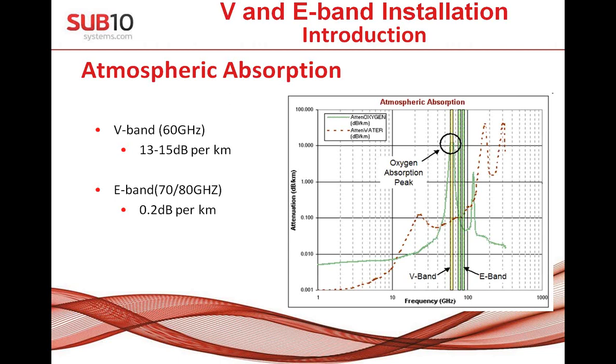But again, Sub10 produces just FDD systems. If we are speaking about capacity, for example, 500 megs, which is also one product line, you have 500 megs between A and B, and the same capacity between B and A at the same time.